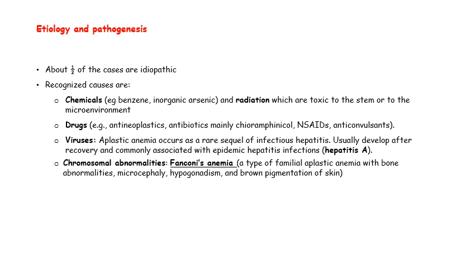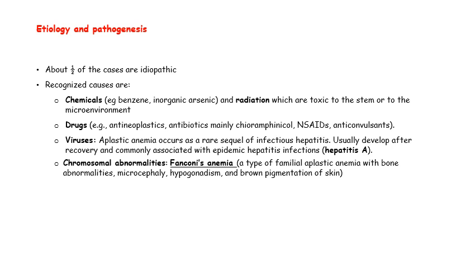Some recognized causes are chemicals like benzene and organic arsenic, and radiation, which are toxic to the stem cells or to the microenvironment. Drugs include antineoplastics, antibiotics, mainly chloramphenicol, non-steroidal anti-inflammatories, and anticonvulsants.